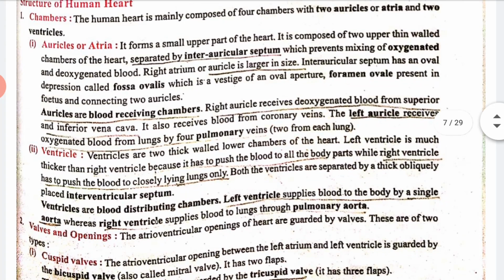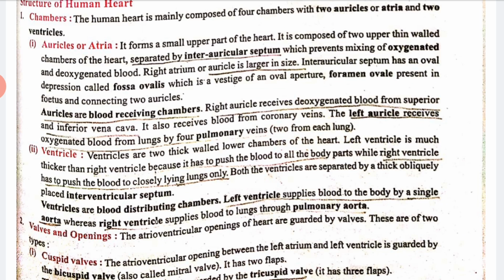Okay, so it forms the smaller upper part of the heart. It is composed of two upper thin walled chambers of the heart, and it's separated by the inter-auricular septum, which prevents mixing of oxygenated and deoxygenated blood. Now, right atrium or auricle is large in size, and the inter-auricular septum has an oval depression that is called fossa ovalis, which is the vestige of an oval aperture.